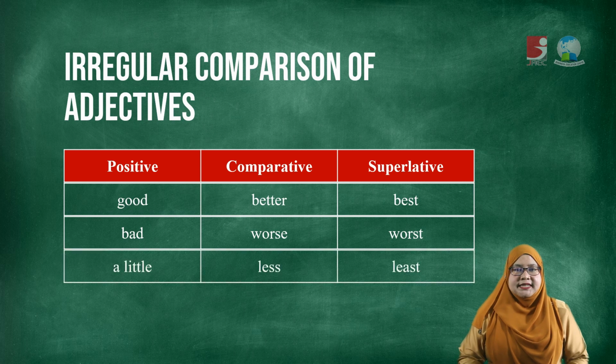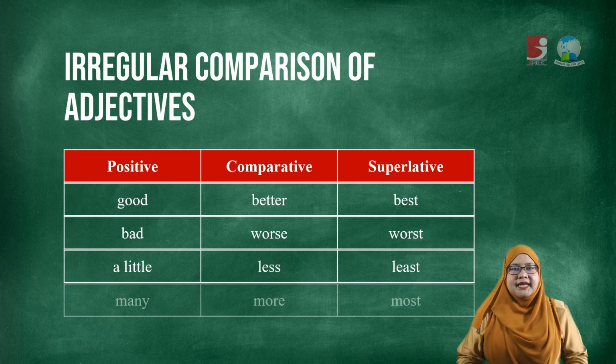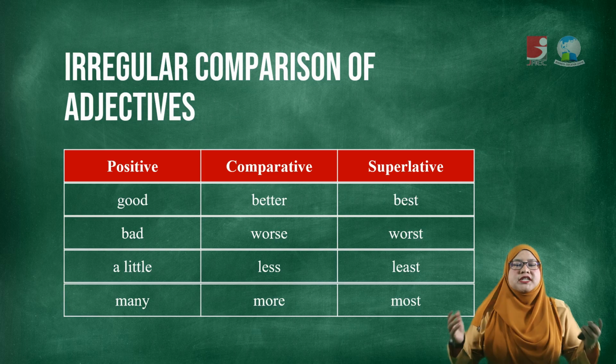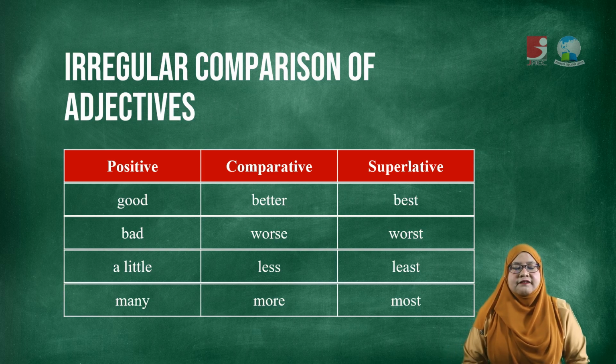Next, a little. To use it in comparative adjective, we will use less. And in superlative adjective, we will use least. Lastly, many, we will use more in comparative adjective and most in superlative adjective.